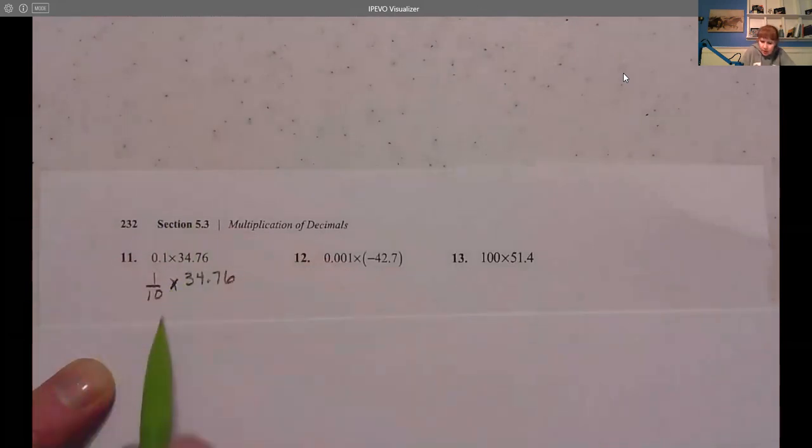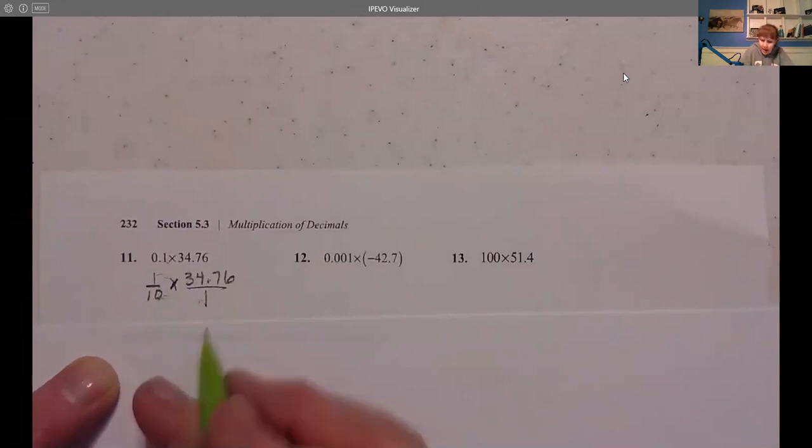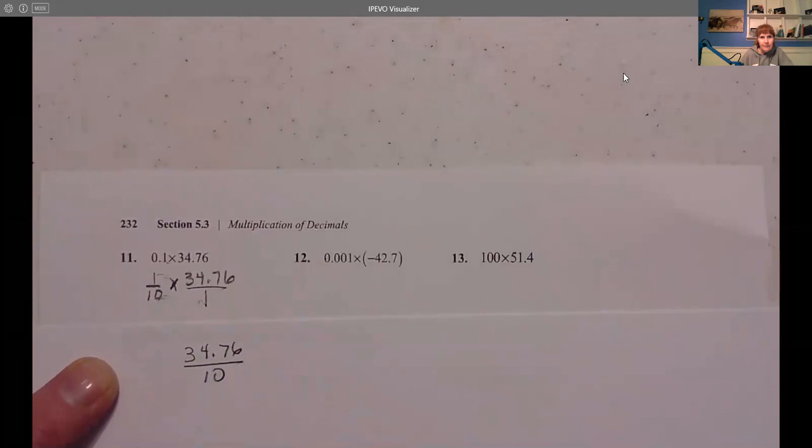So here you would move the decimal to the left once. This 10 is in the denominator. If you were to multiply across, it will look just like divided by 10. So you'll move your decimal to the left once.